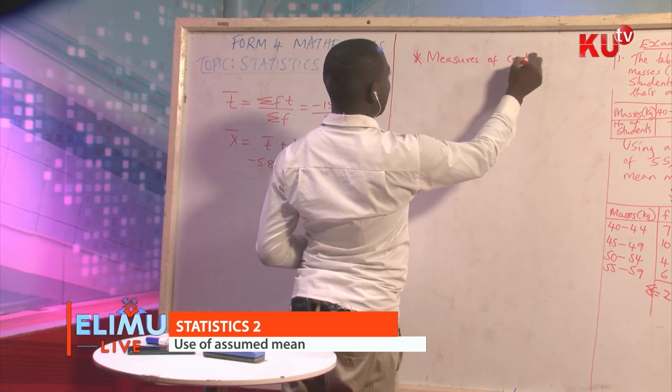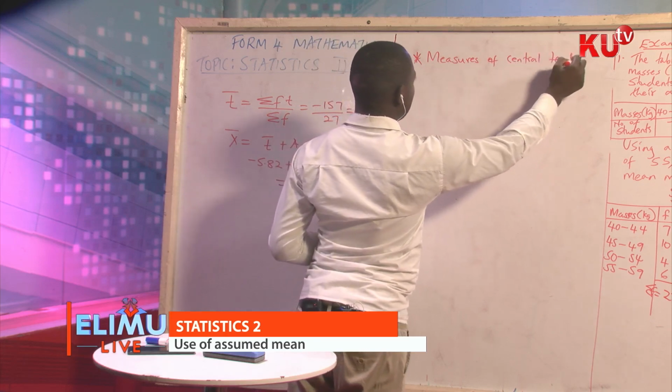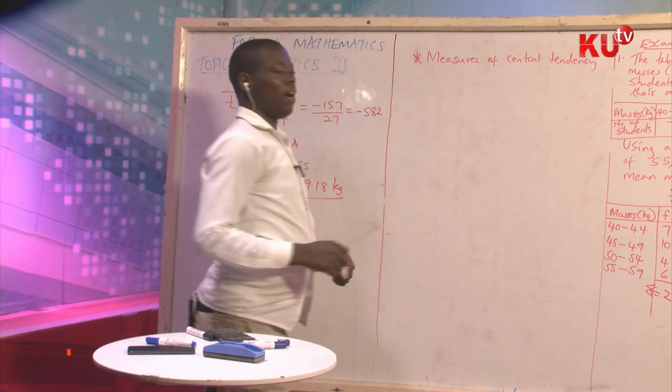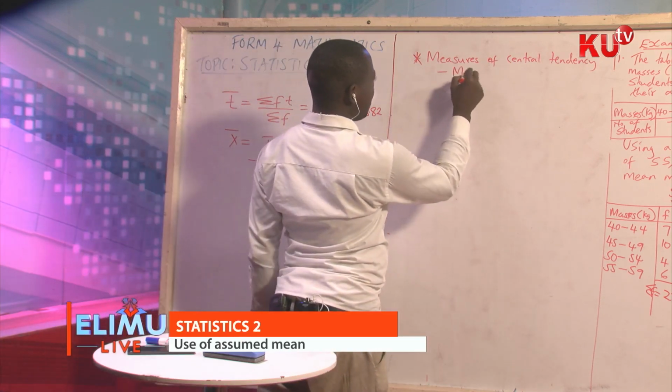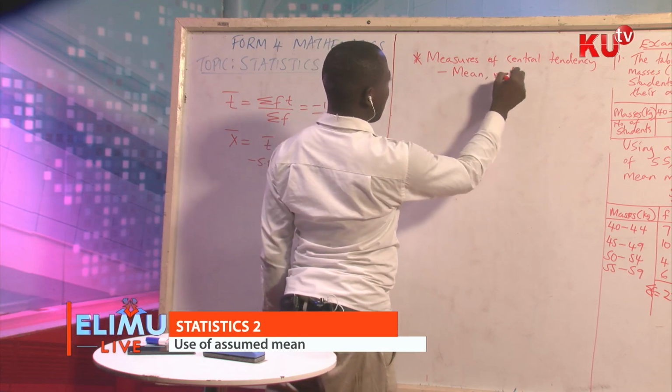We have said that we have 3 measures of central tendency, and that is the mean, the mode, and the median.